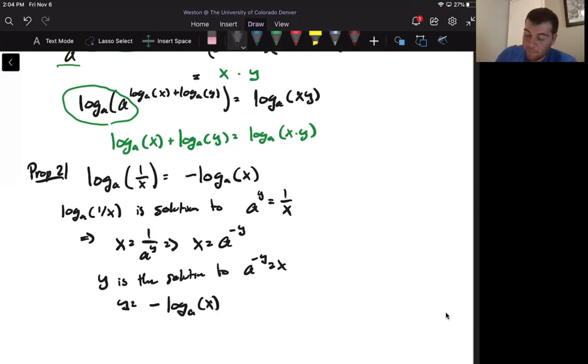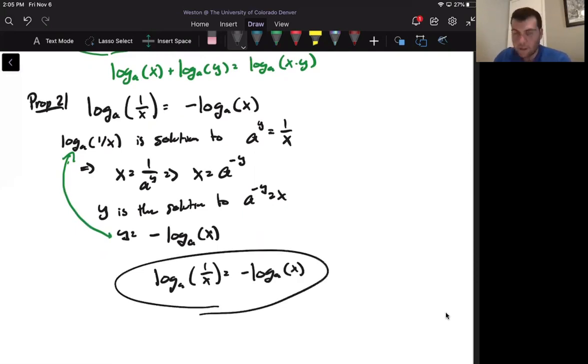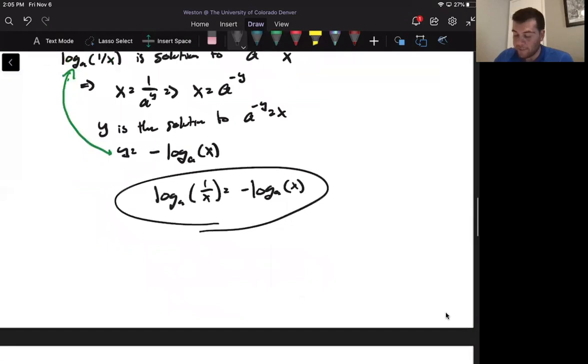But we also had from above that y had to be equal to this because y was initially the solution to a to the y equals 1 over x, which is log a of 1 over x. So that tells us that log a of 1 over x equals negative log a of x. So that's property 2. And with those two properties, we can really make everything run.